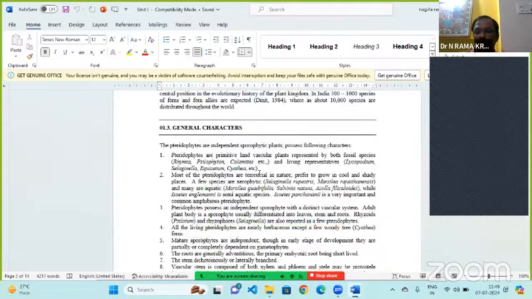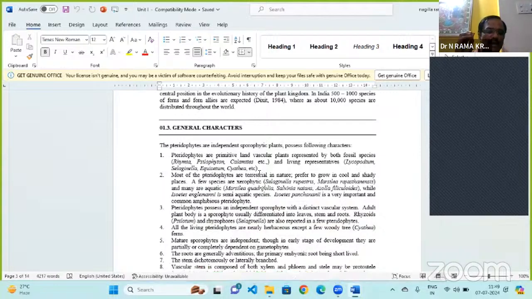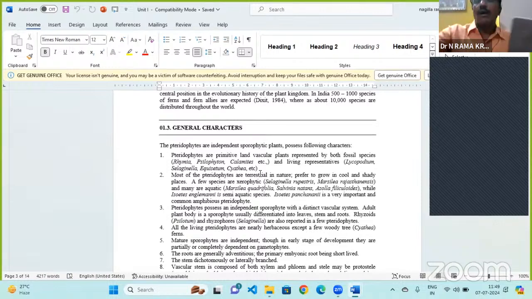Before going to that, the Pteridophyta is the second division of the subkingdom Embryophyta. Bryophyta and Thallophyta we do not call embryo plants.